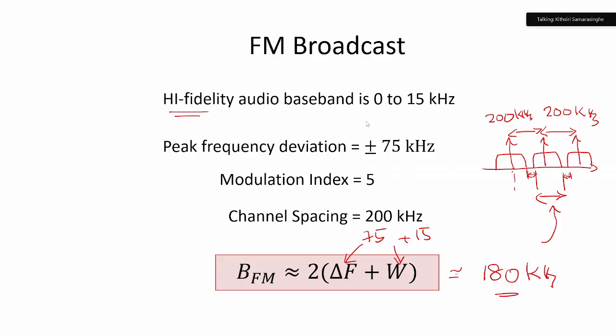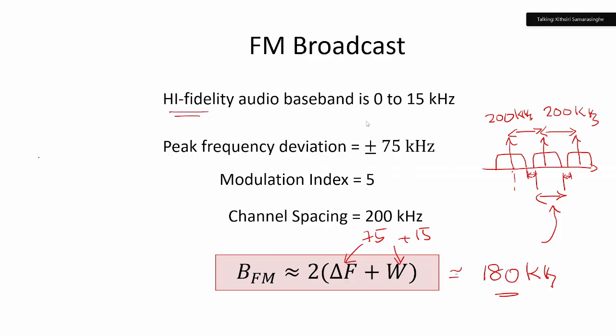Plus, also keeping in mind that we neglected side frequencies less than 10%, but actually they are there in the sky. So that's another reason why a guard band is kept between the channels. So for each channel, bandwidth is 180 kilohertz, and we leave a 10 kilohertz guard band on either side, making it a 200 kilohertz channel separation, right?